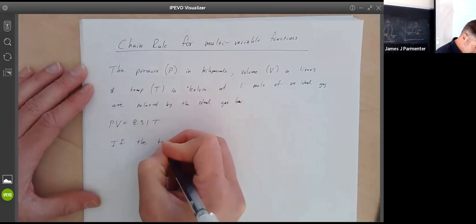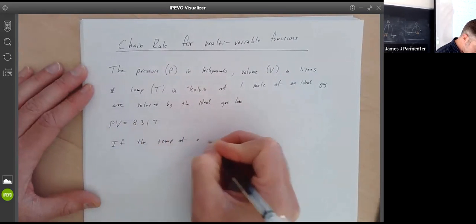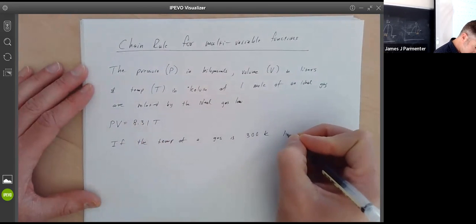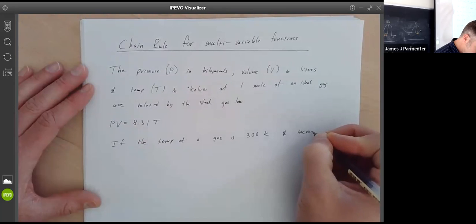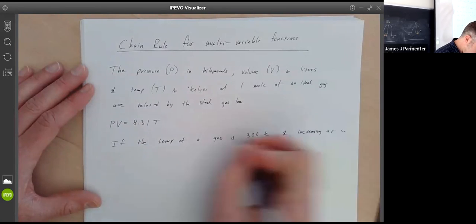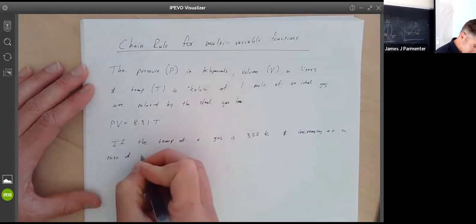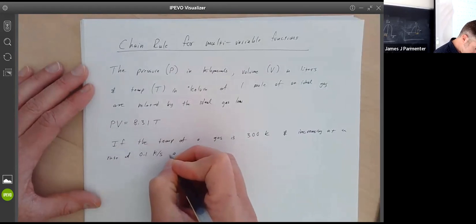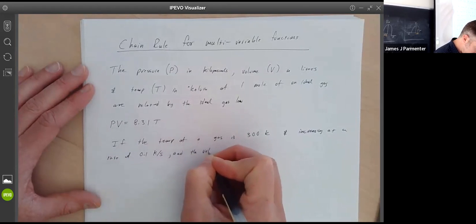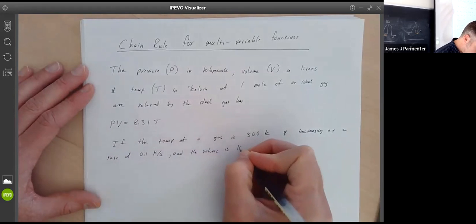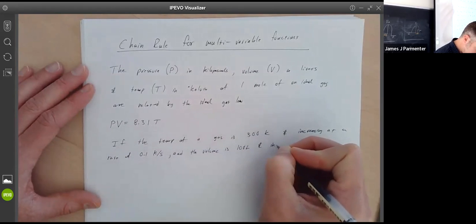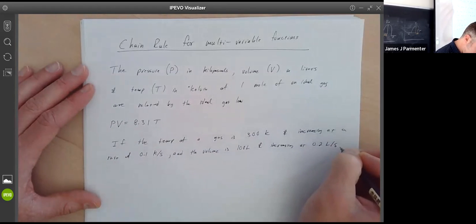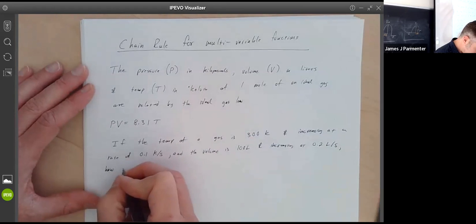If the temperature of a gas is 300 Kelvin and increasing at a rate of 0.1 kelvins per second, and the volume is 100 liters and increasing at 0.2 liters per second, how fast is the pressure changing?